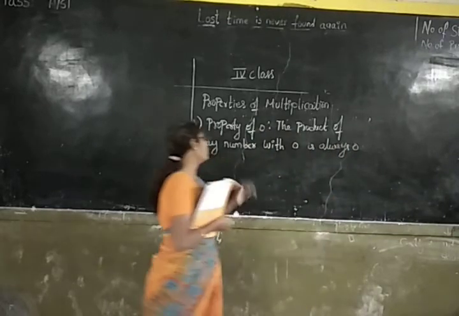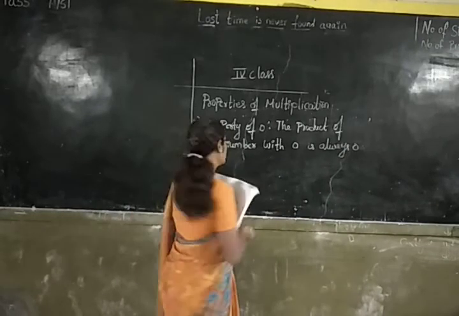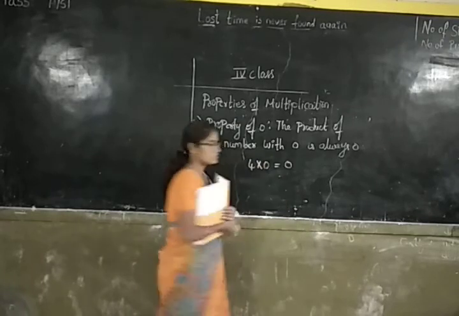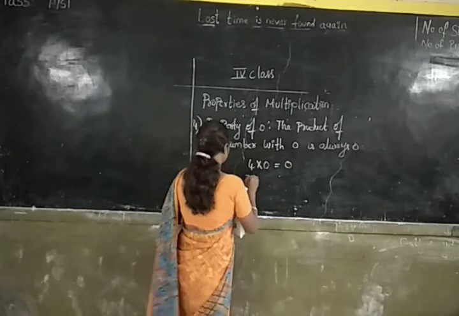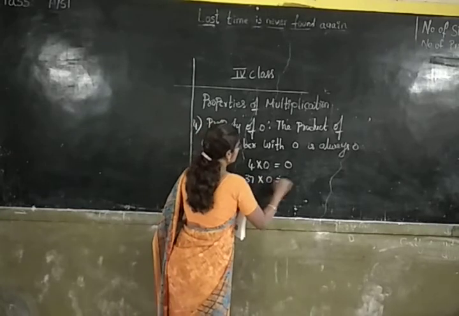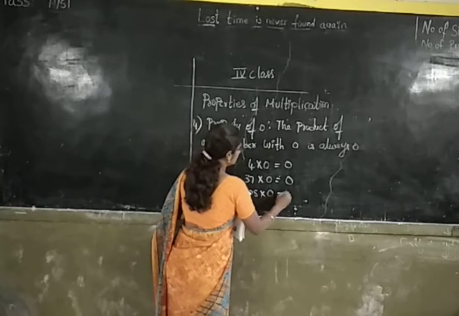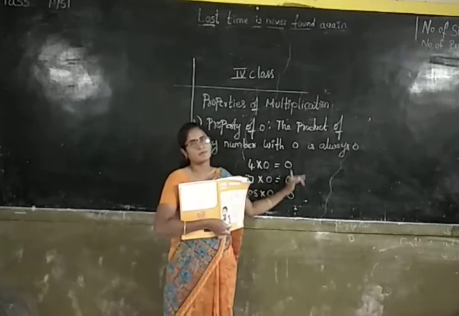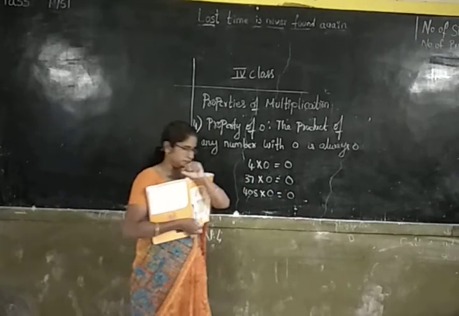The product of any number with 0 is always 0, which means if we multiply any number with 0, we always get 0. So 4 into 0 is equal to 0. Similarly, 37 into 0 is equal to 0. 405 into 0 is equal to 0. So if you multiply any number with 0, the product will always be 0. This is the fourth property.